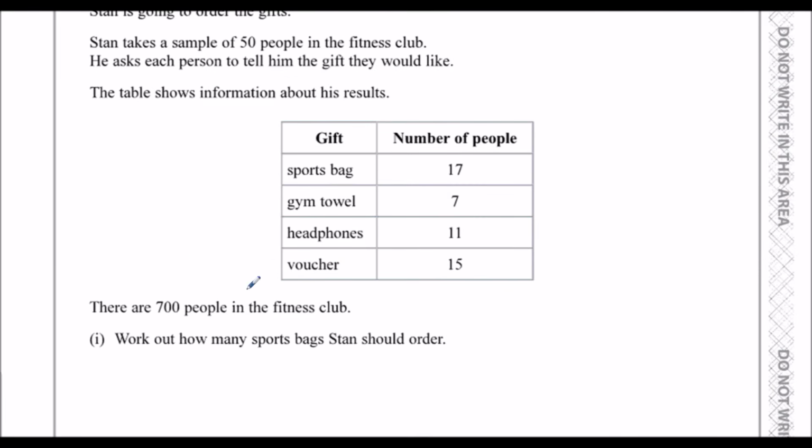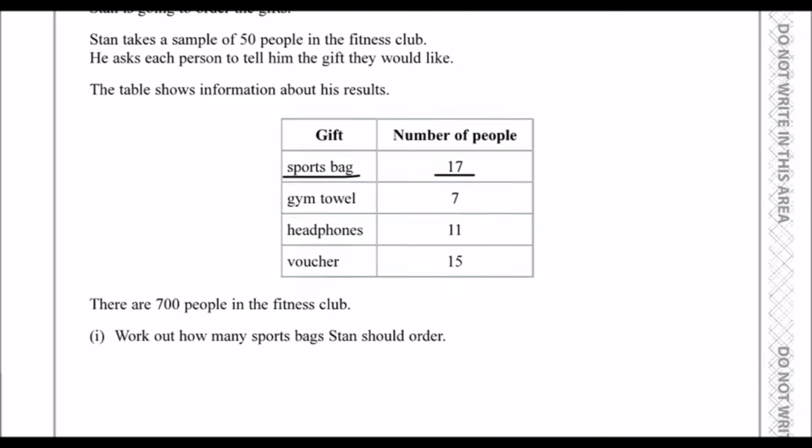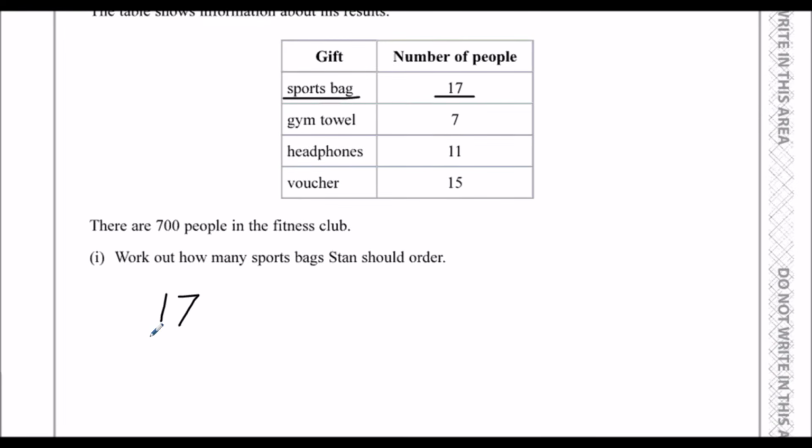So in total there are 700 people in the fitness club. How many sports bags should Stan order? In the sample, 17 people out of 50 wanted a sports bag. So if we assume that the same proportion of people will want a sports bag in total, we take this fraction of 700, and for "of" I'm writing times 700.